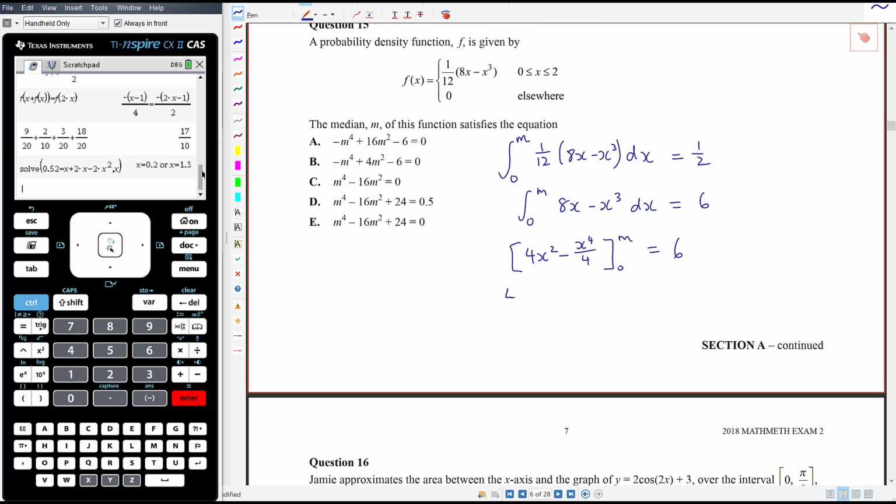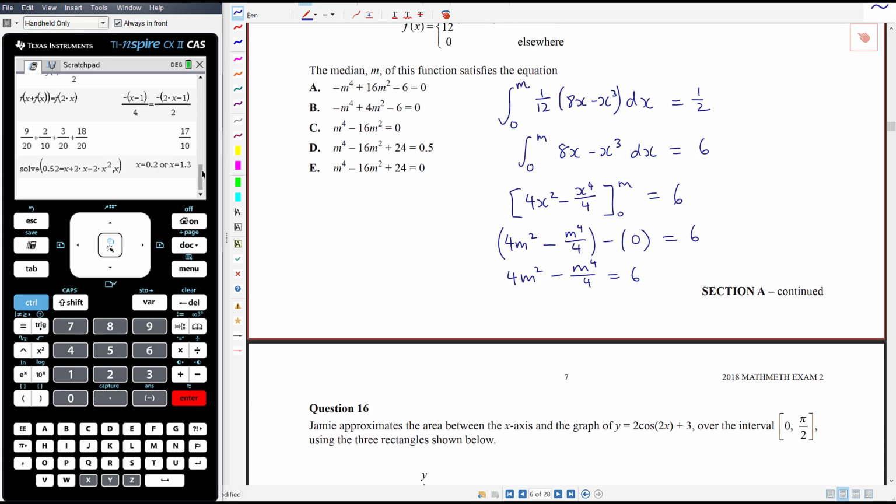Okay, so we've got 4m squared, take away m to the 4 on 4, and then take away, well, that'll be 0 when we sub 0 in, which is good, and that equals 6. Okay, so we're getting there. So 4m squared minus m to the 4 on 4 equals 6.